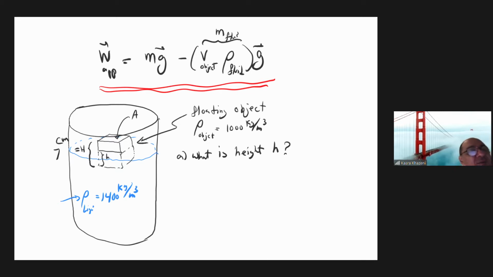Obviously, we need to start with the apparent weight of it, which is 0 because it's floating. It's not falling down and it's not flying off.